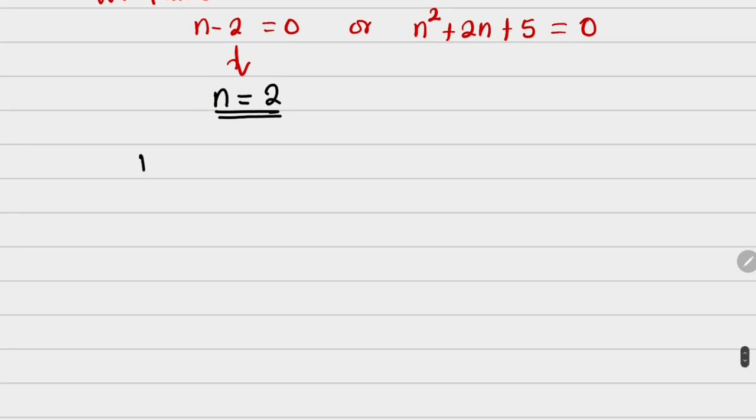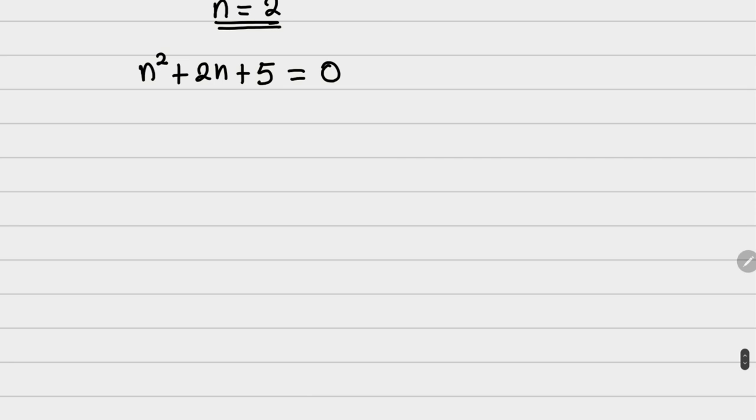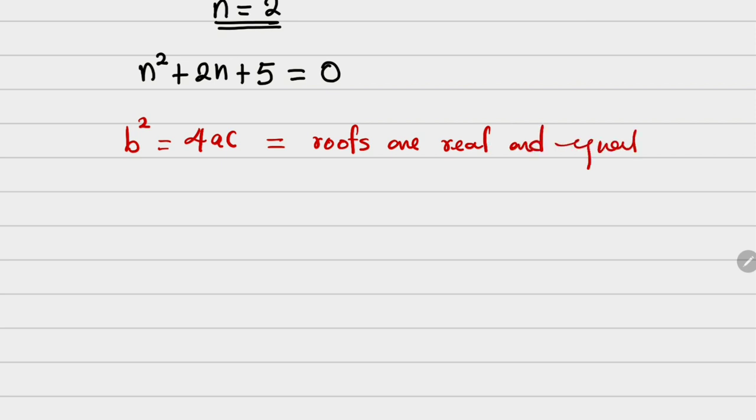Then let's check it out. We have n squared plus 2n plus 5 equals 0. Now, I suspect that this is not factorizable, that is, the solution to this is complex, okay, in the complex plane. But let's check some conditions. Now, if I have b squared equal to 4ac, then the roots are real and equal, okay?